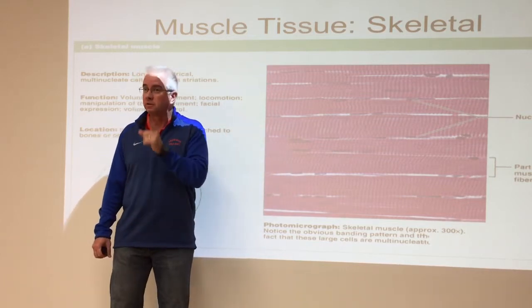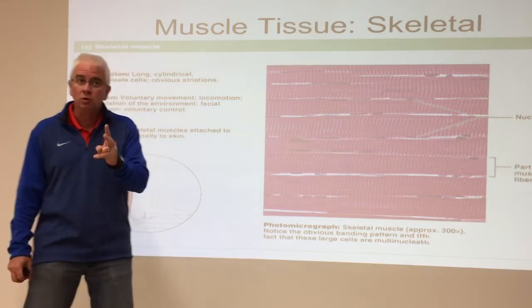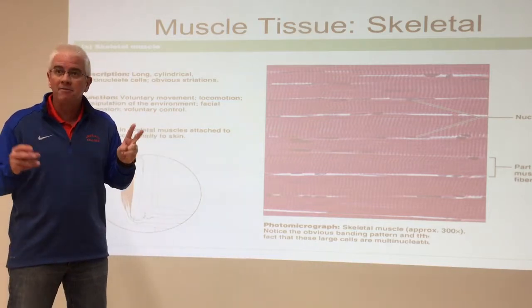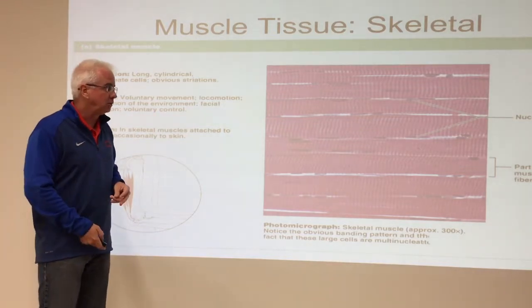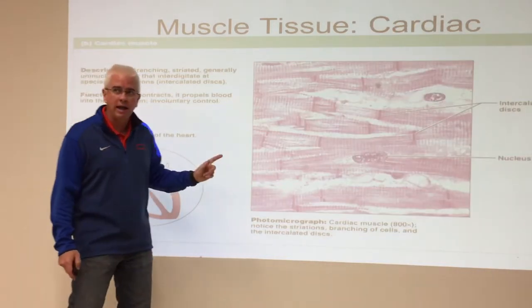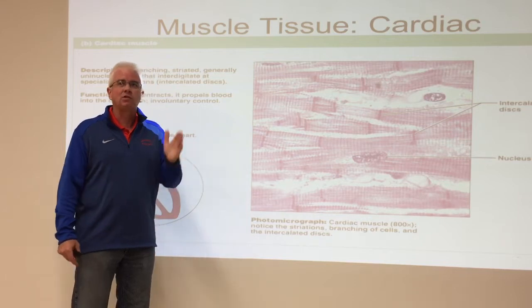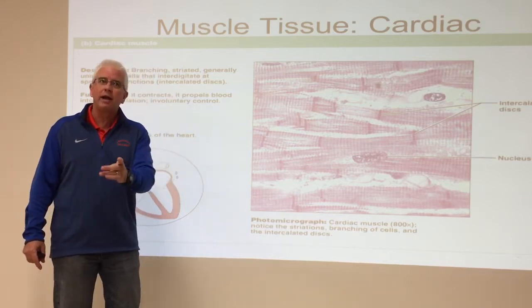Now, here's a second way of thinking about describing muscle tissue. This tissue is cardiac, and it is described exactly the same way as striated muscle.